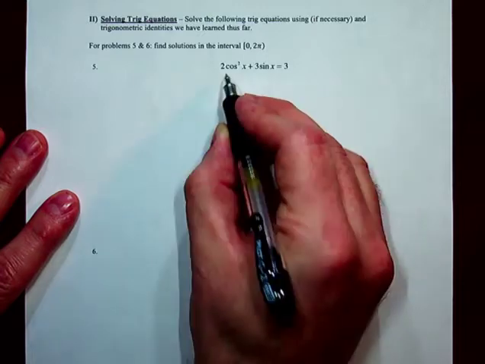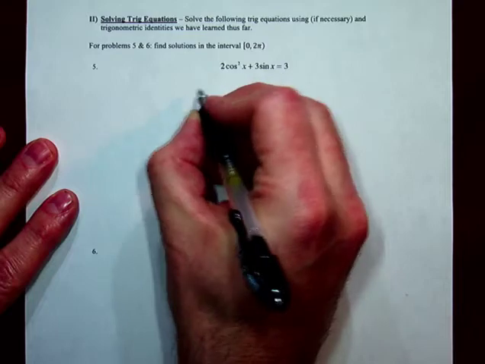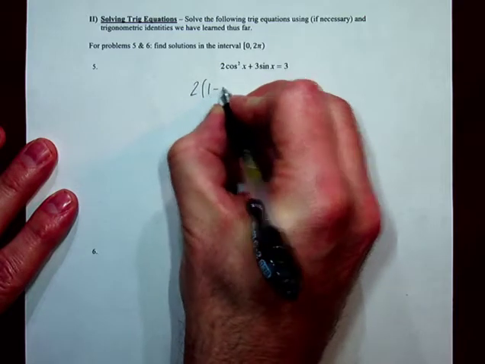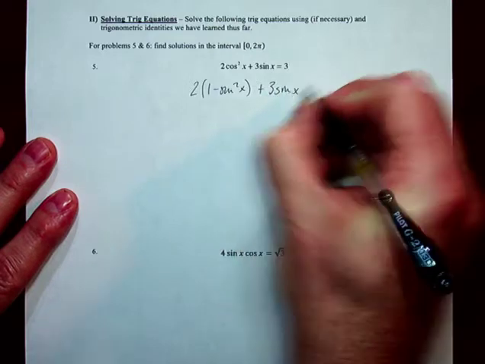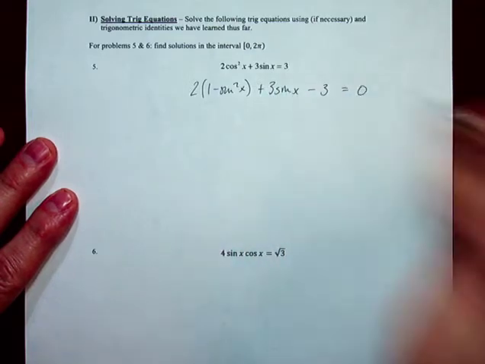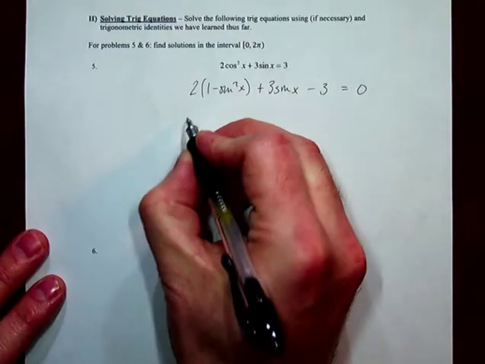Now, this is a quadratic, but it has two different trig functions, so I'm going to need to change this cosine to 1 minus sine squared. And while we're at it, let's bring that 3 over to the left-hand side, because we're looking for a quadratic that we can factor, or at least use completing the square, quadratic formula or whatever on it. So we need to distribute that 2, and then recombine everything.